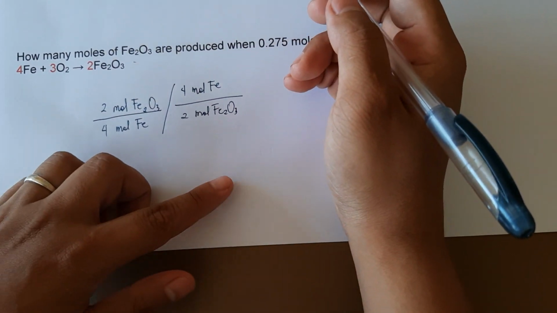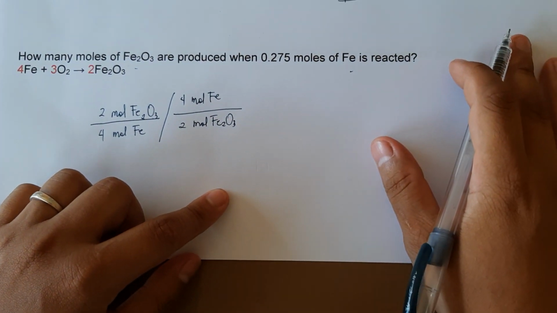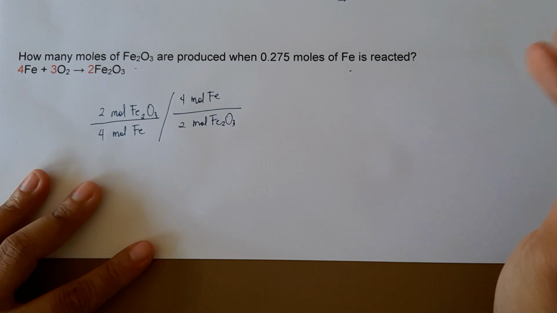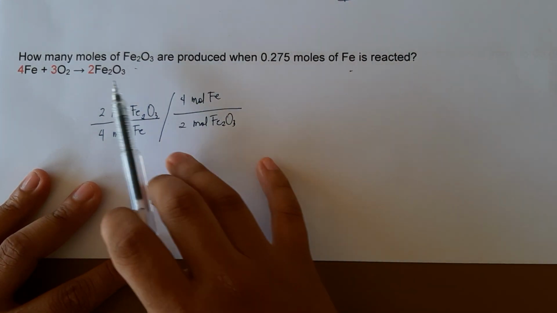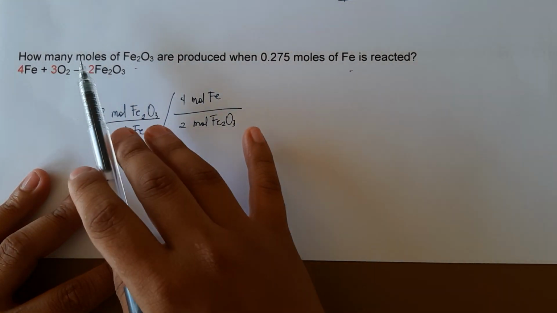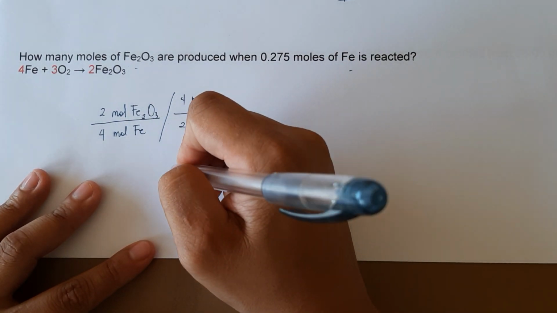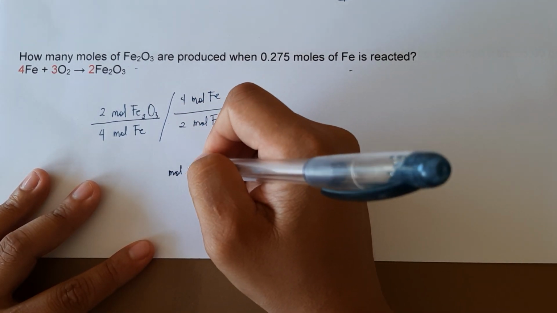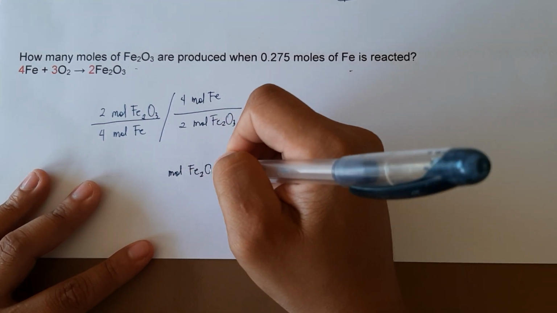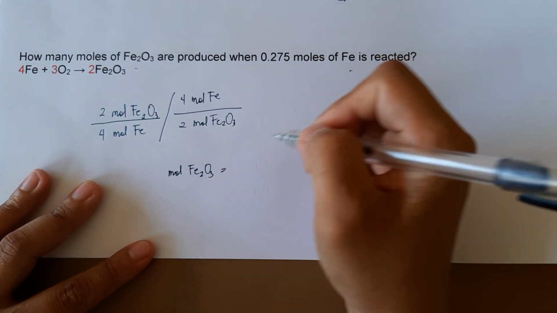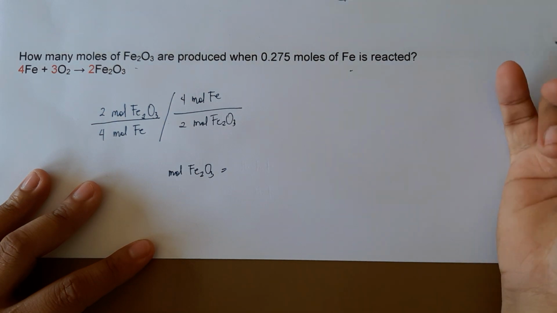So again, depende sa problem kung alin yung gagamitin natin. So try nating isolve. Alin yung hinahanap? So comprehending the problem, we are looking for Fe2O3. So we write here mole of Fe2O3 is equals to.